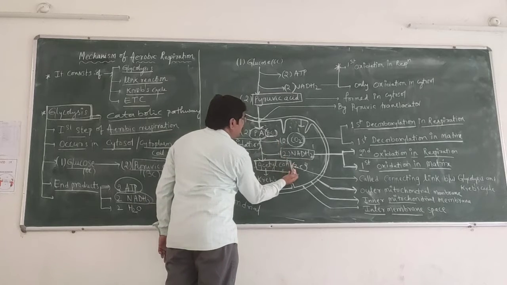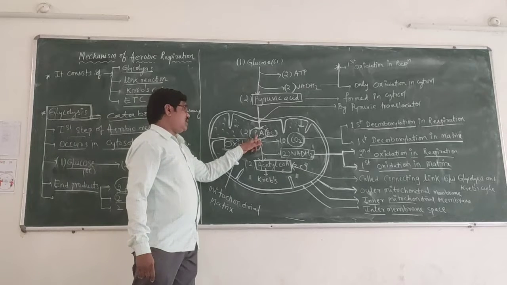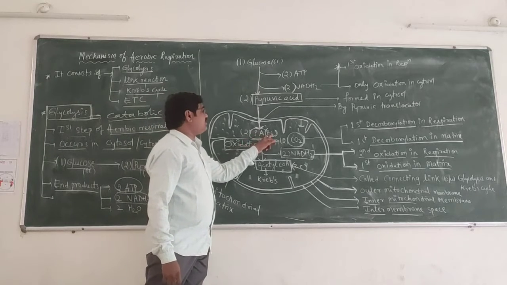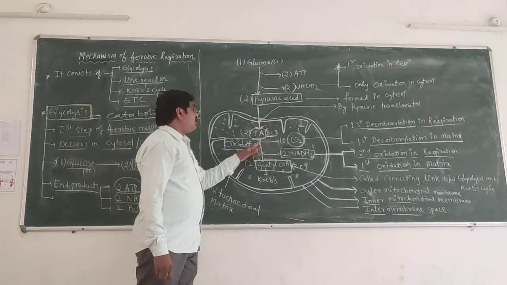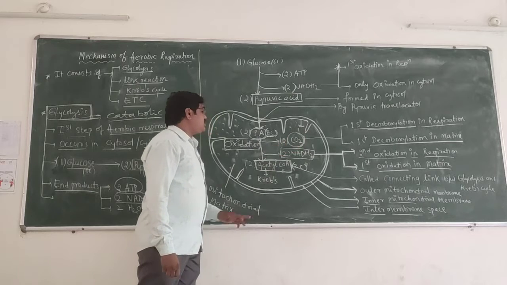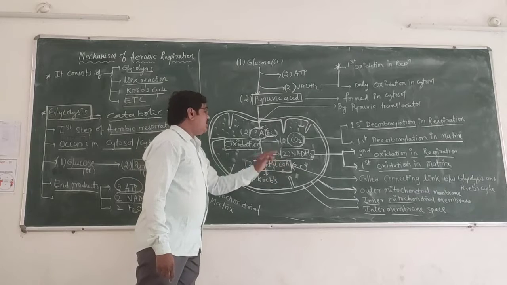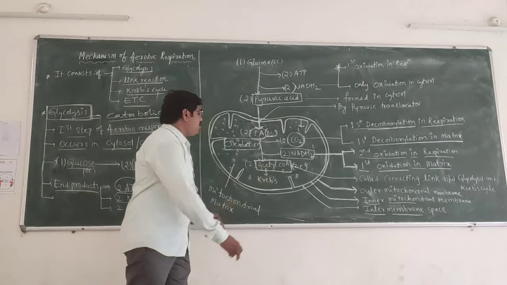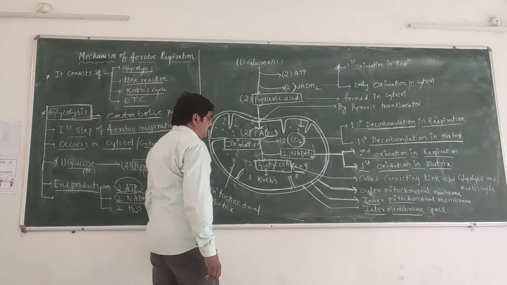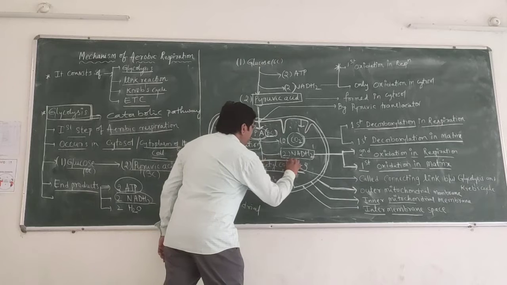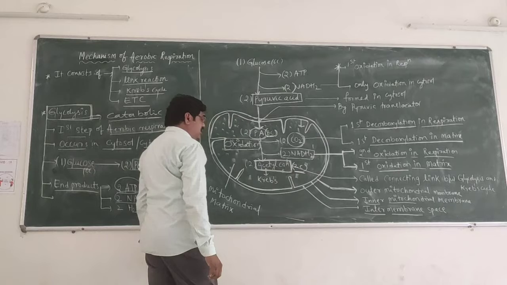What about the remaining carbon? By decarboxylation, one carbon dioxide is removed from pyruvic acid to form acetyl-CoA. So the end product of the link reaction is two molecules of acetyl-CoA.